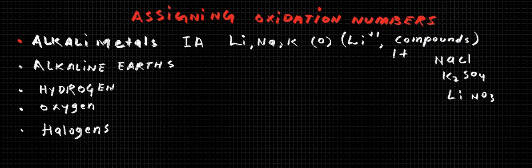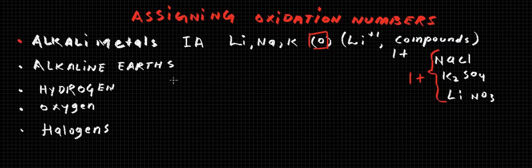The oxidation number of sodium, potassium and lithium in all these compounds will be +1. So we can say that the oxidation number of alkali metals is fixed, that is +1 in their compounds, but when they are in their atomic form it is 0.